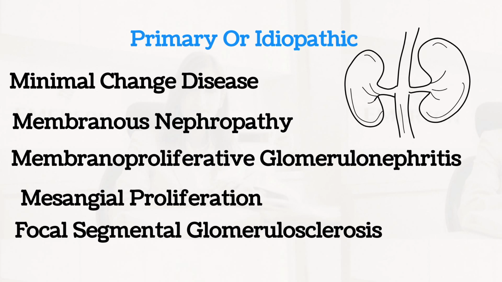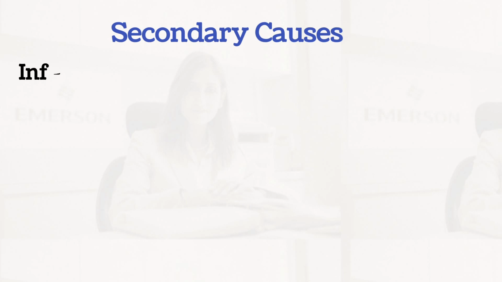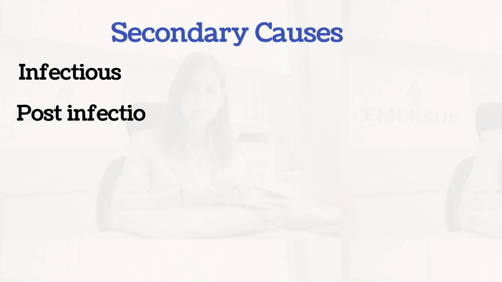Then you go to secondary causes. We can have infections, such as hepatitis B and C, HIV-1, syphilis, toxoplasmosis, and malaria. Those are some of the infections. Then you can also have post-infectious glomerulonephritis.